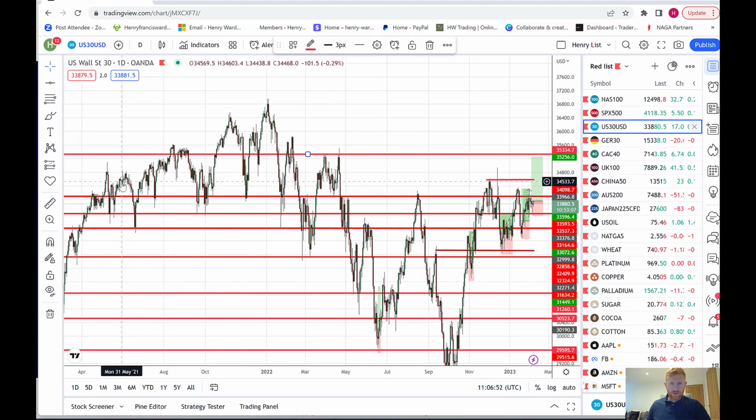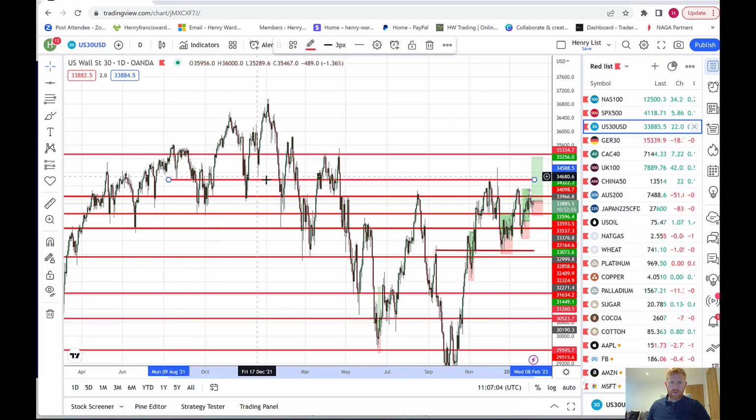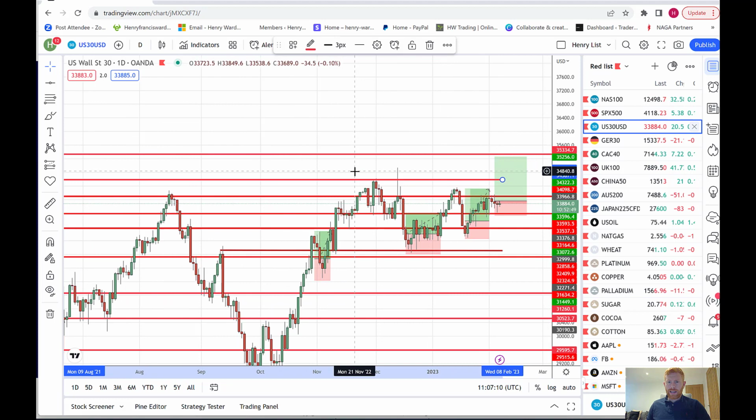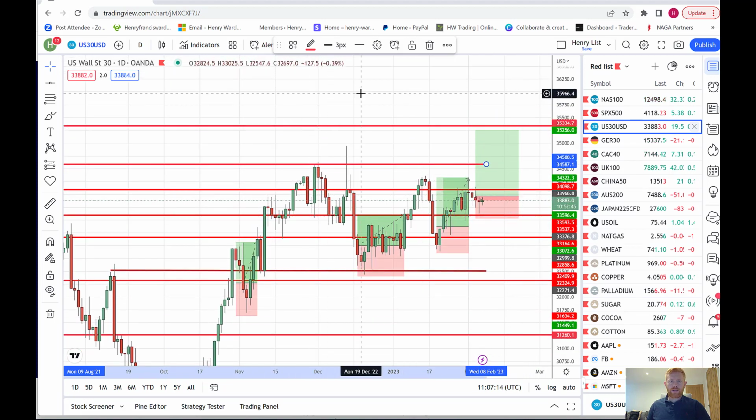There's loads of levels through this area. There is one there, yes, I absolutely can see that from that point right there. 1, 2, 3, 4. Okay, so there will be a little bit of resistance there. But looking at this, I would probably have that 3-to-1 there.